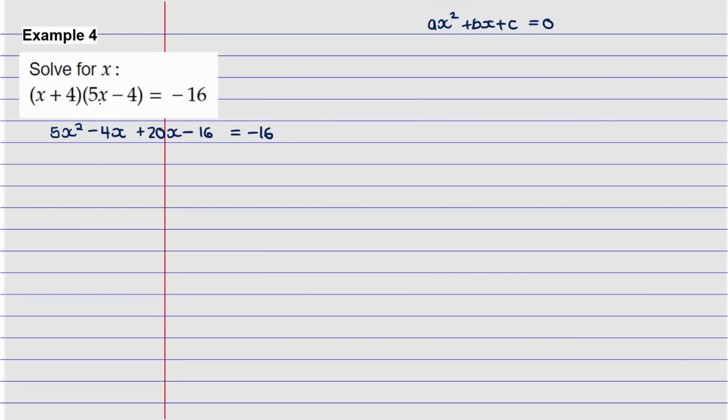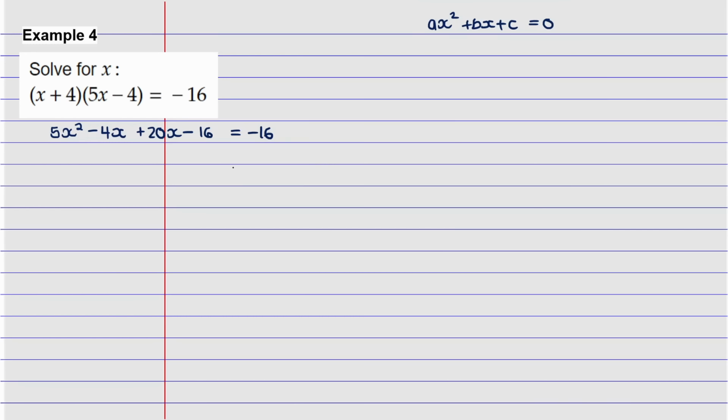I said x multiplied by 5x gave me 5x squared. Then x multiplied by negative 4 gave me negative 4x. Then I went to 4. I said 4 multiplied by 5x gave me 20x. Then 4 multiplied by negative 4 gave me negative 16. I hope that made sense. So that's how I did it.